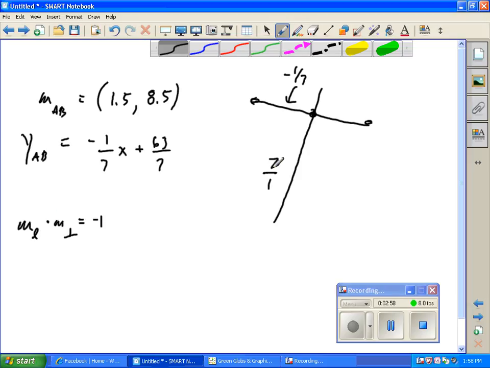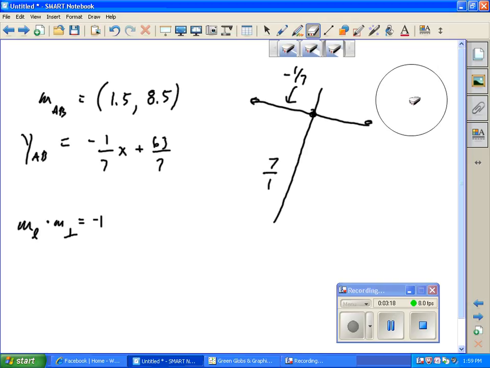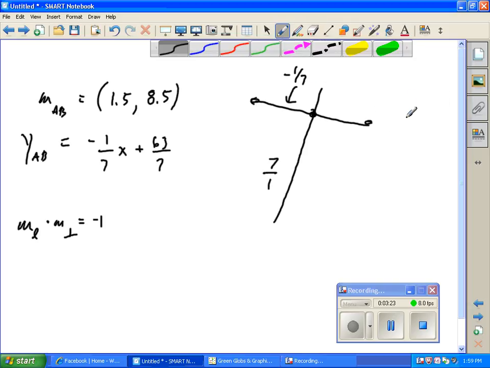Okay, so all you have to do, if it was 3/4, you flip it and it'd be 4/3, but it'd be negative. The slope of the line perpendicular to 3/4 is negative 4/3. The only other thing you have to watch out for is, let's say you had a vertical line. If one of the equations is like x equals 5, that's a vertical line, and its slope is undefined.